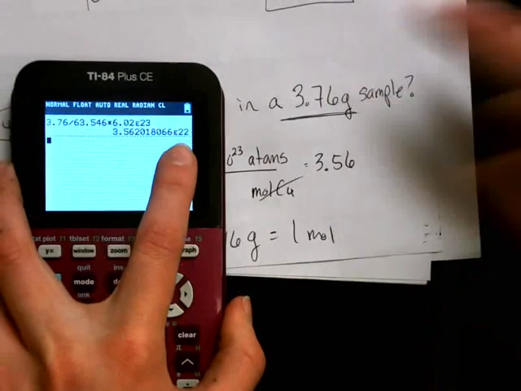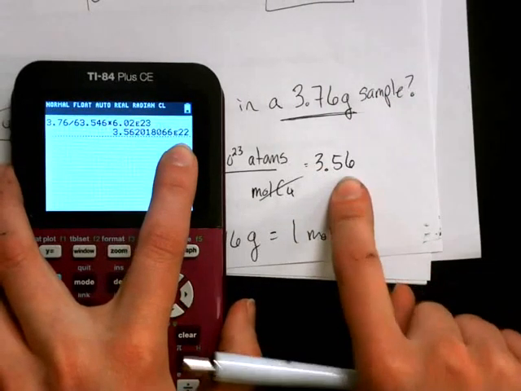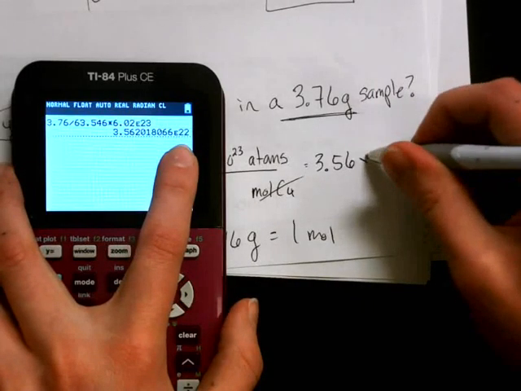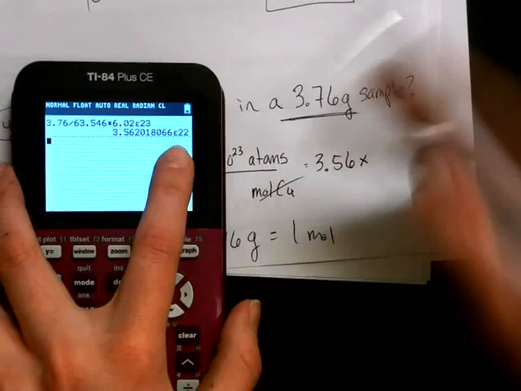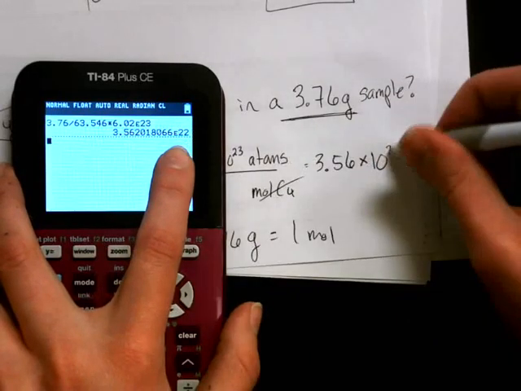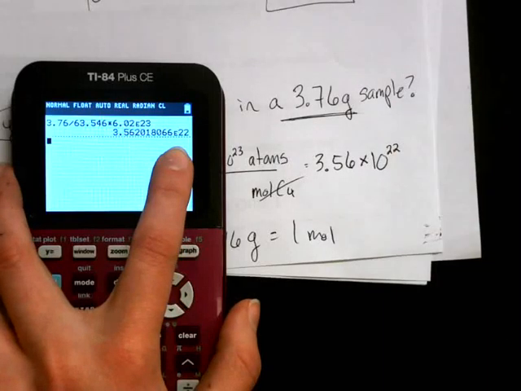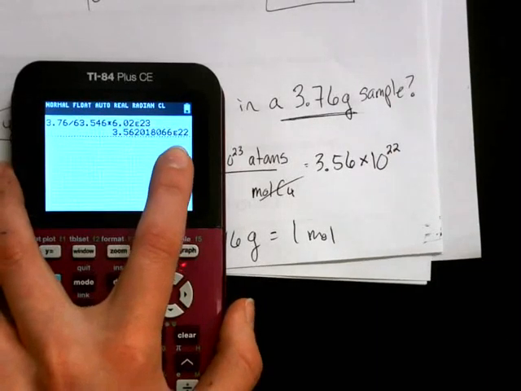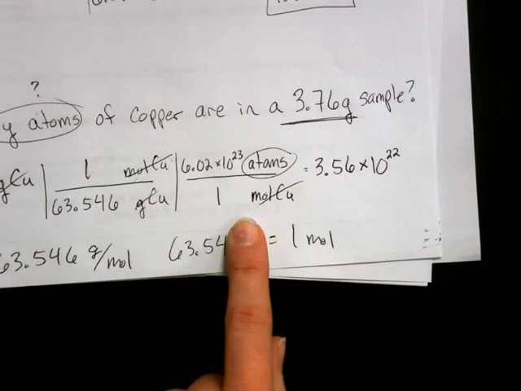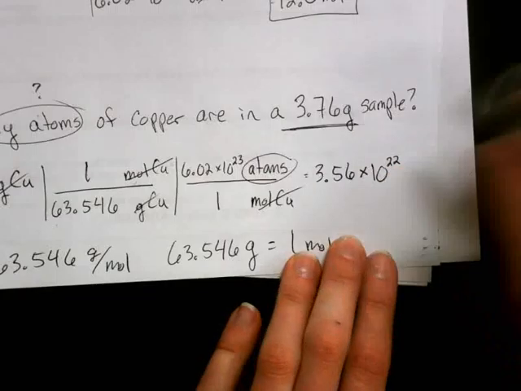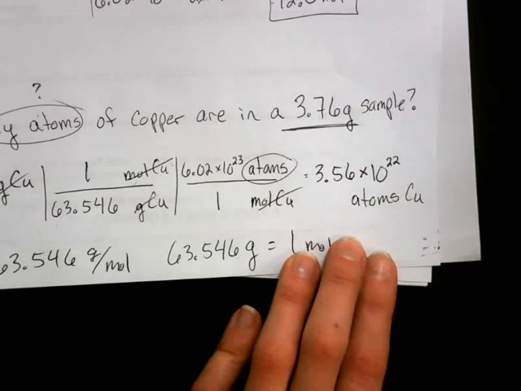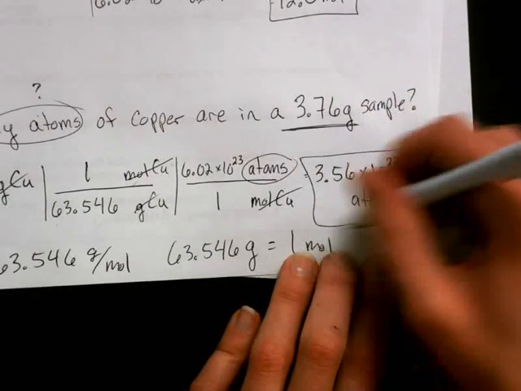I have to include that in my answer, otherwise my answer is incorrect. If I just put the 3.56, that is incorrect. I have to include the E, which means times 10, and then the 22, which is my 22nd power. That is my actual answer. Include my unit. Well, everything cancels except atoms, which is what I was trying to find. So this is 3.56 times 10 to the 22nd atoms of copper.